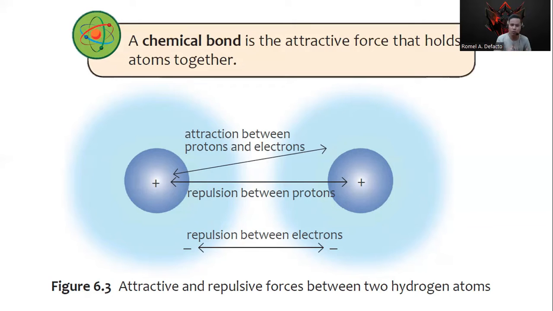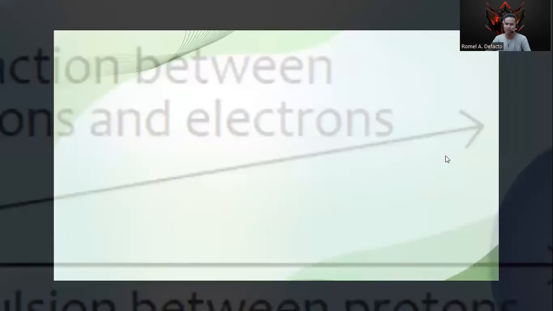But if they are too far apart, it's not enough to say that they are really bonded chemically. So there should be enough distance, and that enough distance favors our bonding.